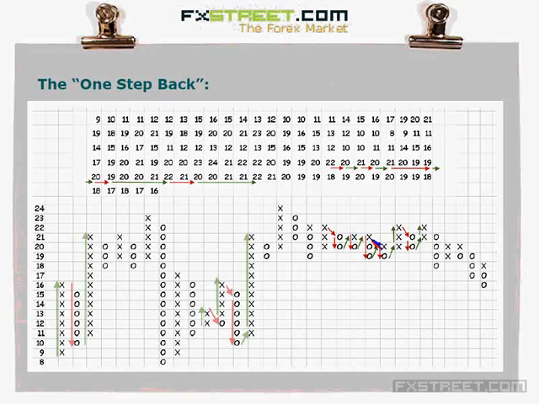Since it only changes by an amount of one box, in that case we are using round numbers, so the X and O can be drawn in the same column. Okay, then we go from 21 down to 19, as we see here.